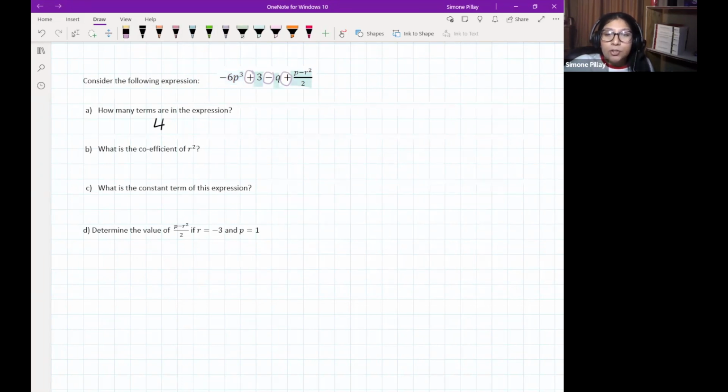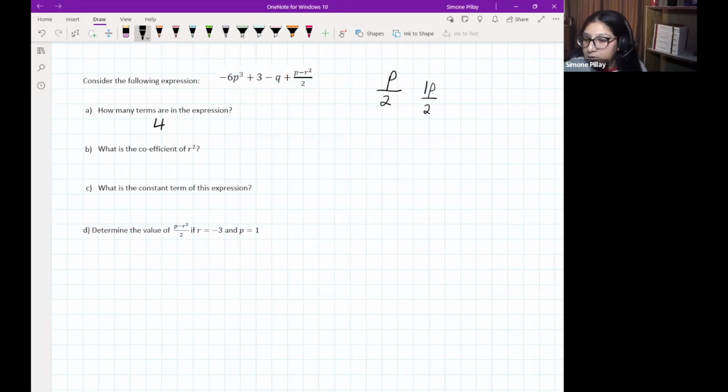This one is a little bit of a tricky one. It's not 1. And let me tell you guys why it's not 1. When something is in a fraction, if I have p over 2, what that actually means is I actually have 1p over 2.